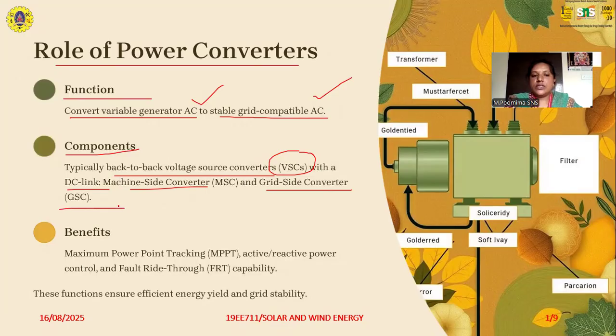And next, the benefits: maximum power point tracking, active and reactive power control, and fault ride-through capability. These functions ensure efficiency, energy yield and grid stability. These are the main roles of power electronic converters.